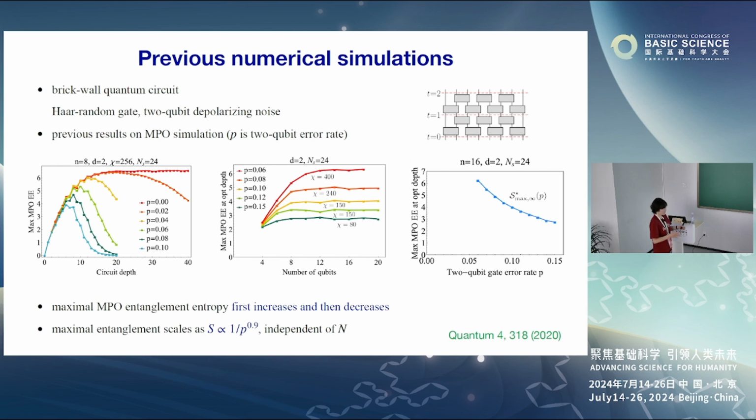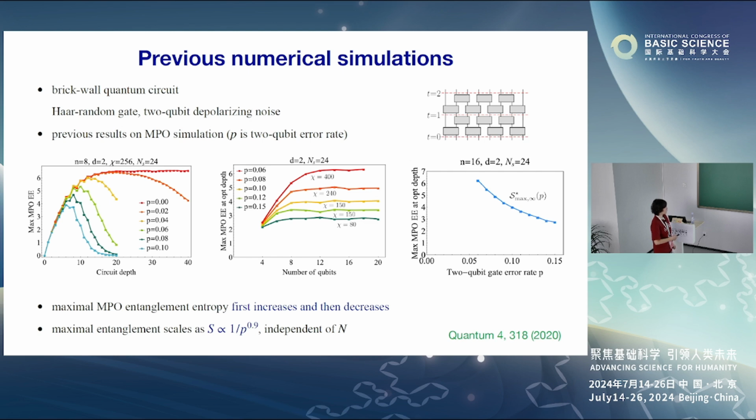For quantum simulation, the total number of qubits is actually not that important, but the most important thing is the error rate. Because even if you have a large number of qubits, if the error rate is large, you cannot do many quantum operations, so the entanglement will go down.